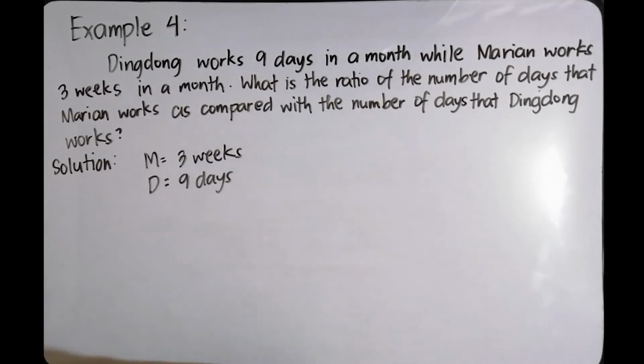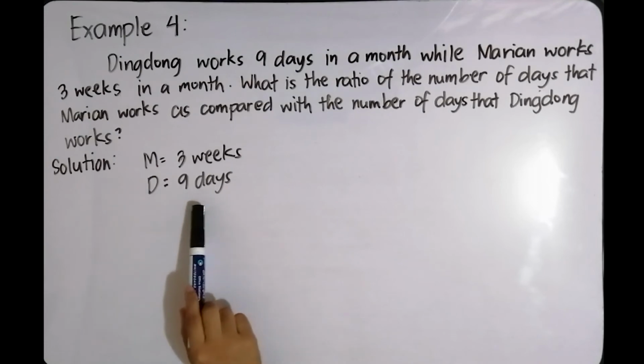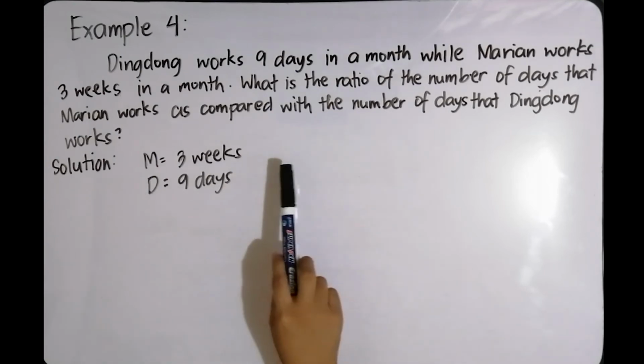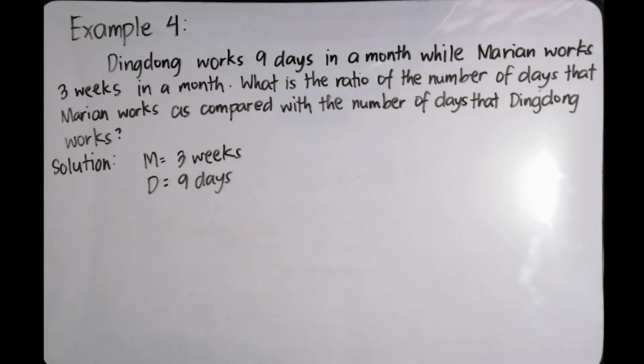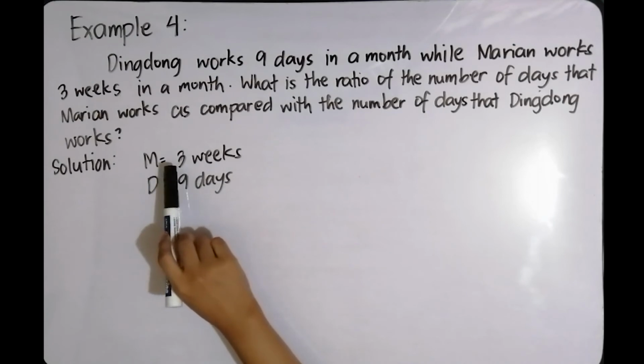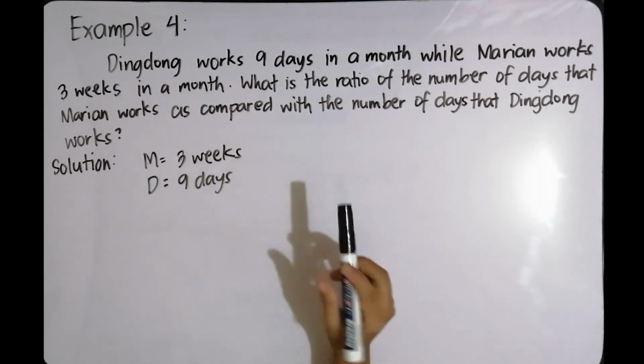To get the ratio, of course, we need to first make sure that the two values have the same unit of measure. For Marian, we have 3 weeks, and for Ding Dong, we have 9 days. We are looking for the ratio of the number of days, so we need to convert first the given for Marian, which is 3 weeks, to number of days.